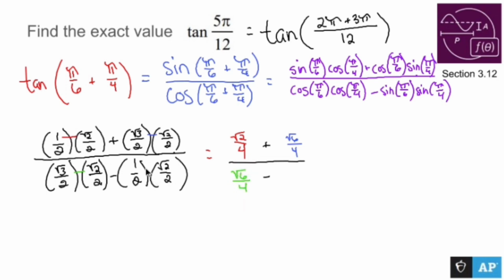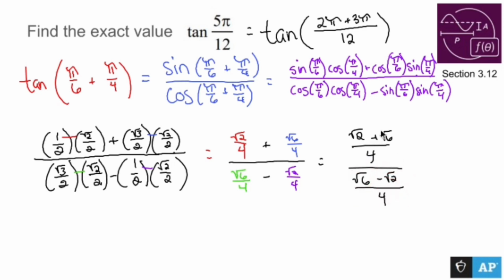And purple: 1 times root 2 is root 2. 2 times 2 is 4. So they combine nicely. Root 2 over 4 plus root 6 over 4 is root 2 plus root 6 over 4. Root 6 minus root 2 over 4.